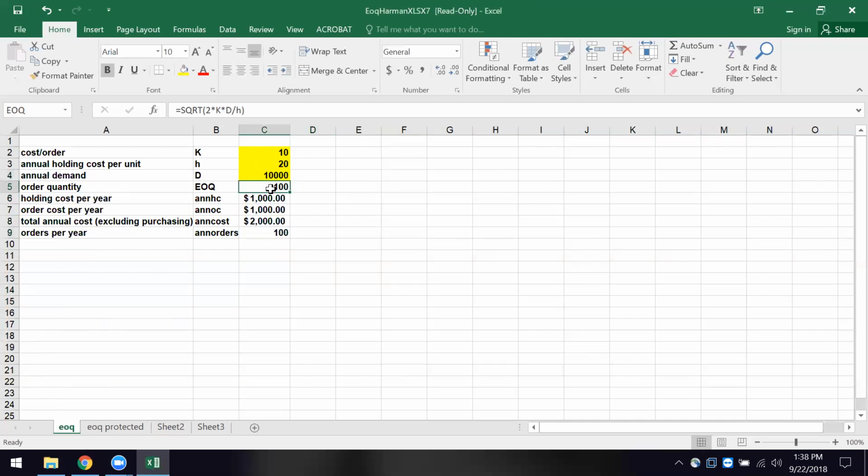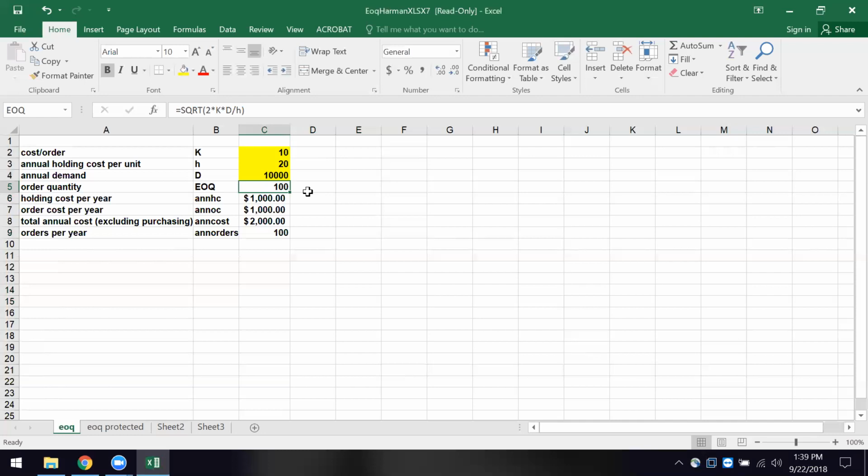And we have an EOQ of 100, and we have 2 times K, which is the cost per order, times D, our annual demand, over the annual holding cost per unit. So we can try to play some scenarios with it if we choose to do so, but that means we're going to have to do some work with our vendor to try to get that accomplished.